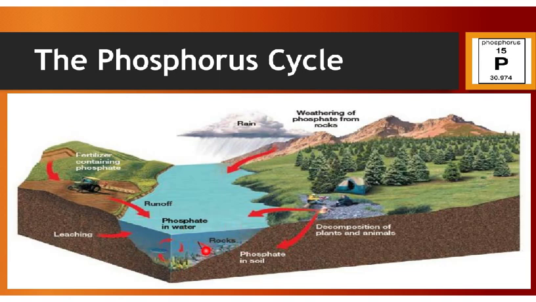It gets used by the plants, and then as the plants die, it gets returned to the soil or the water. And then as the phosphate builds up in the water, some of it forms new rocks that eventually will undergo weathering and erosion and put the phosphate back in the water. And so you have a little bit different cycle that doesn't involve air.